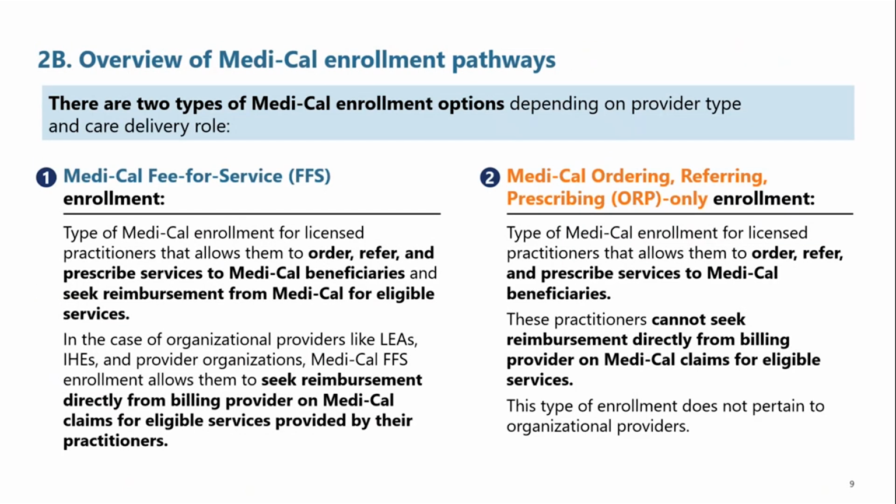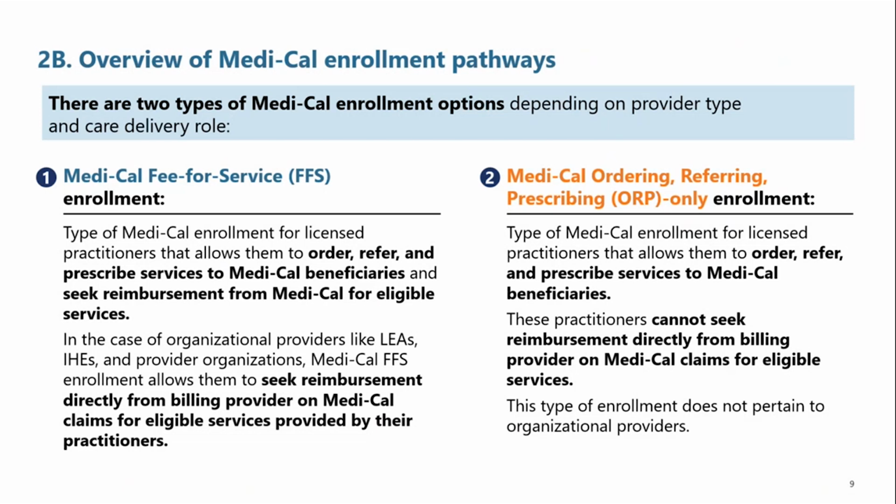There are 2 main types of Medi-Cal enrollment pathways depending on the type of provider and their role in care delivery. Medi-Cal Fee-for-Service, FFS enrollment. This is for licensed practitioners and organizations who want to both render services to Medi-Cal beneficiaries and seek reimbursement for those services.